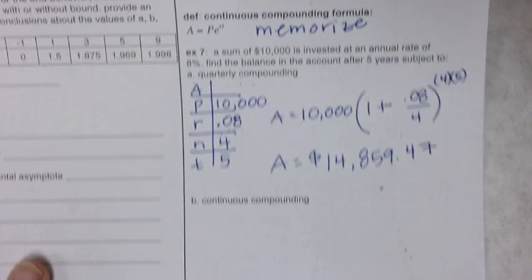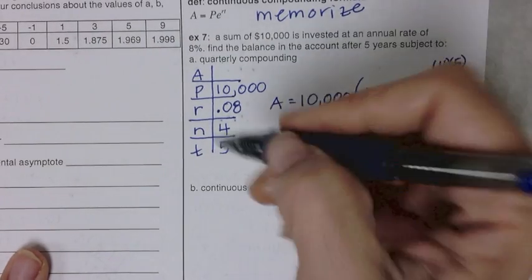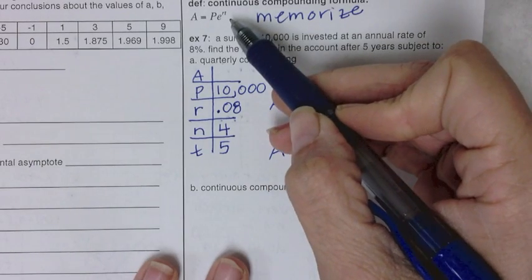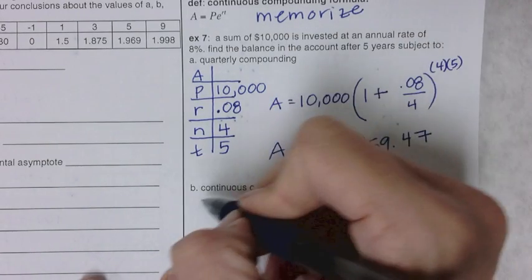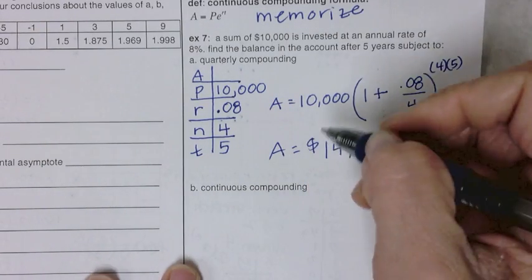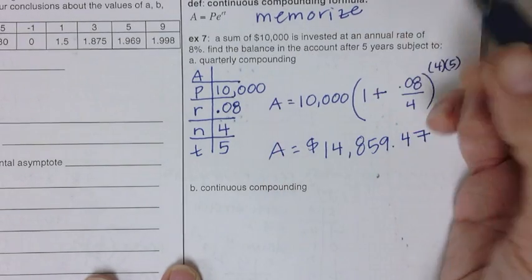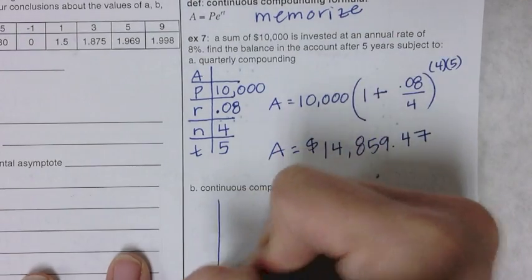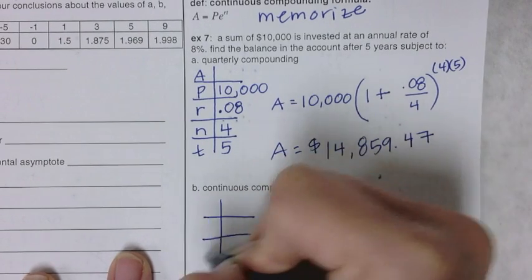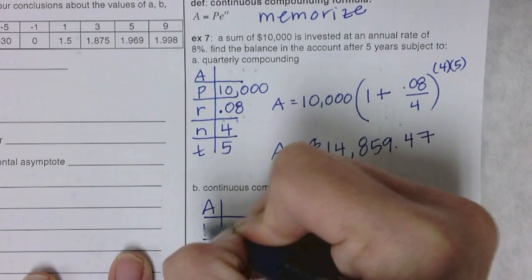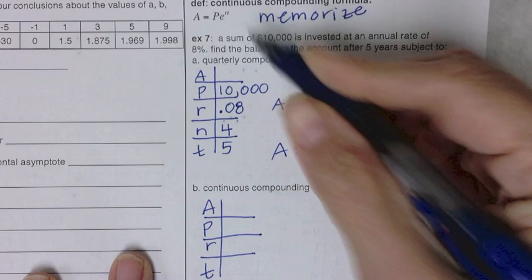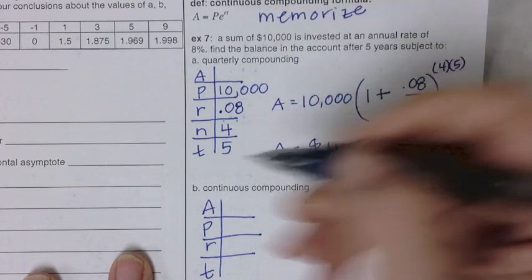All right, last problem right here. Continuous compounding is this formula right here. You don't need as much stuff. It's A equals Pe^(rt). It spells PERT, and the r and the t are in the exponent. So we have A, P, r, t, because e doesn't represent a variable in this situation.